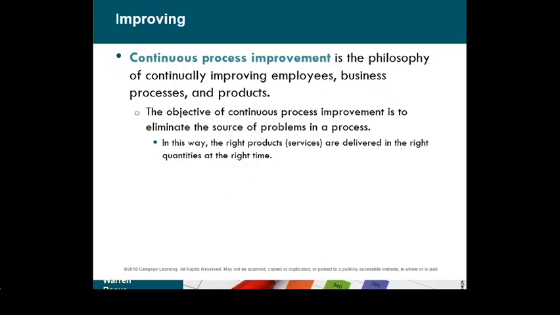By having this process, they may find some redundancy of tasks which can be eliminated to save time as well as to save cost. For example, in this way, the right product services are delivered in the right quantities at the right time.